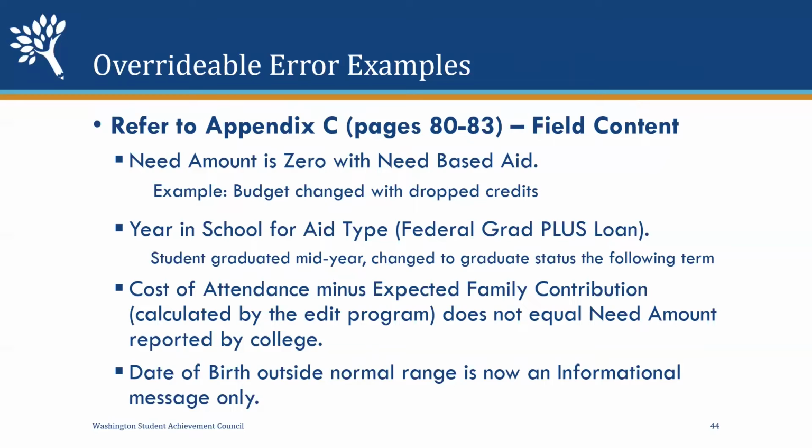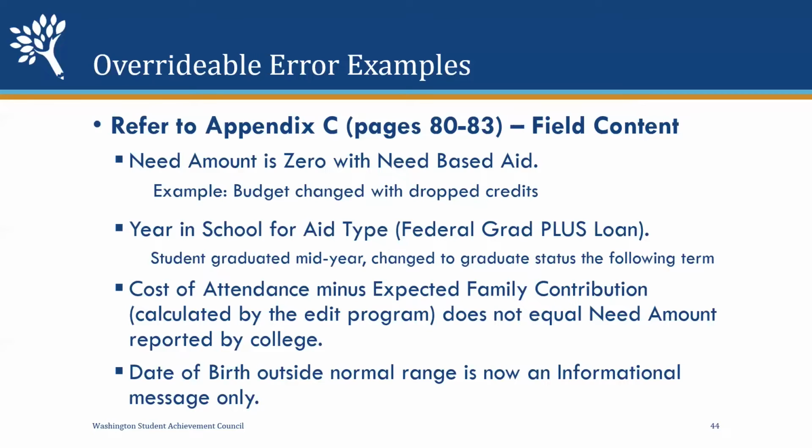And date of birth outside the normal range, we've changed that. It's now an informational message only, so you aren't going to get an error that you'll have to speak to. We have created some informational messages so that you know it, and on those you would probably want to verify.